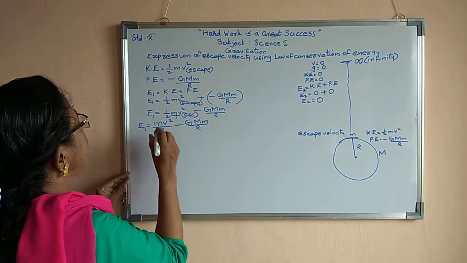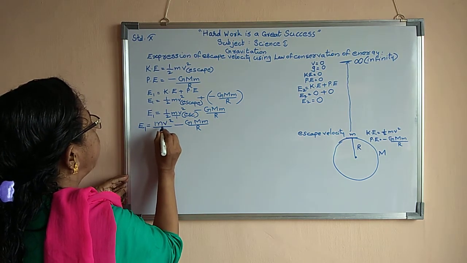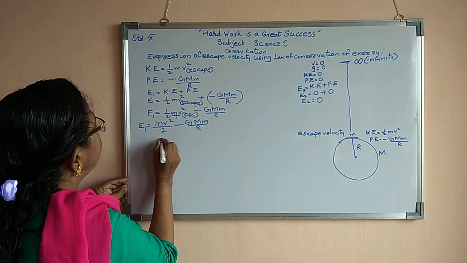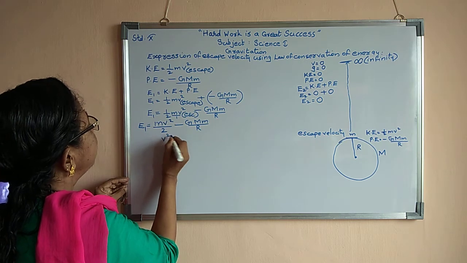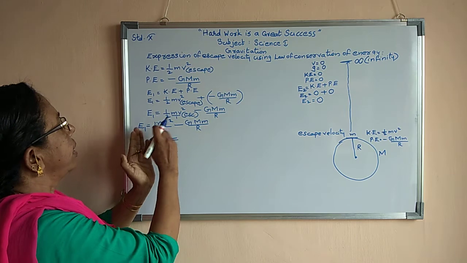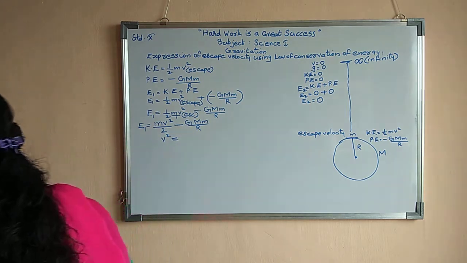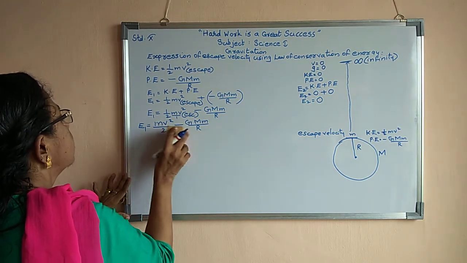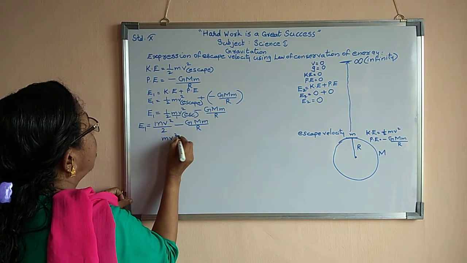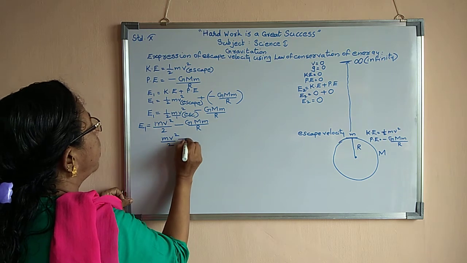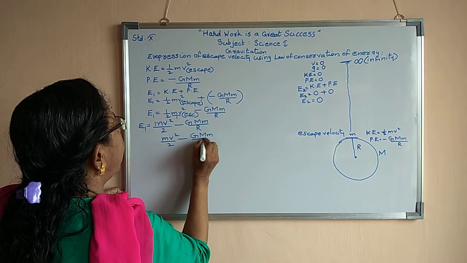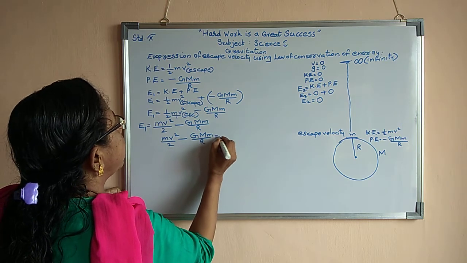Now I am separating this V square. Here now mv square upon 2 minus G capital M small m upon R is equal to 0.